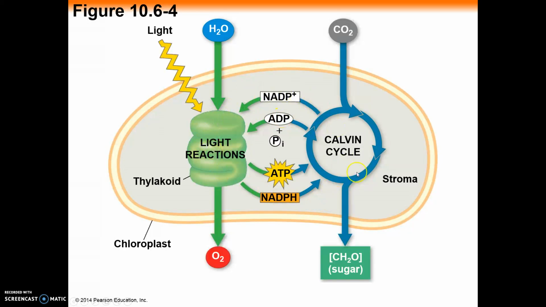So you can see how this is cycling. As long as a plant has light, water, and carbon dioxide, it is good to go. All right, so this is what you need to know.